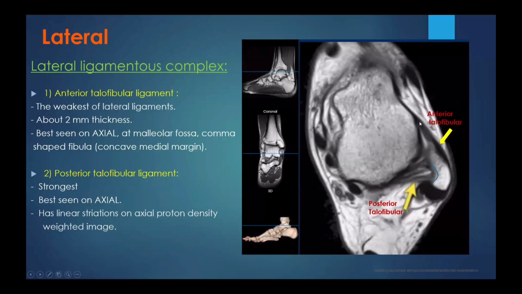We see the anterior talofibular ligament, which is the weakest of the lateral ligaments, and usually it is 2 millimeters thick, while the posterior talofibular ligament is the strongest and has linear striation on axial PD images.